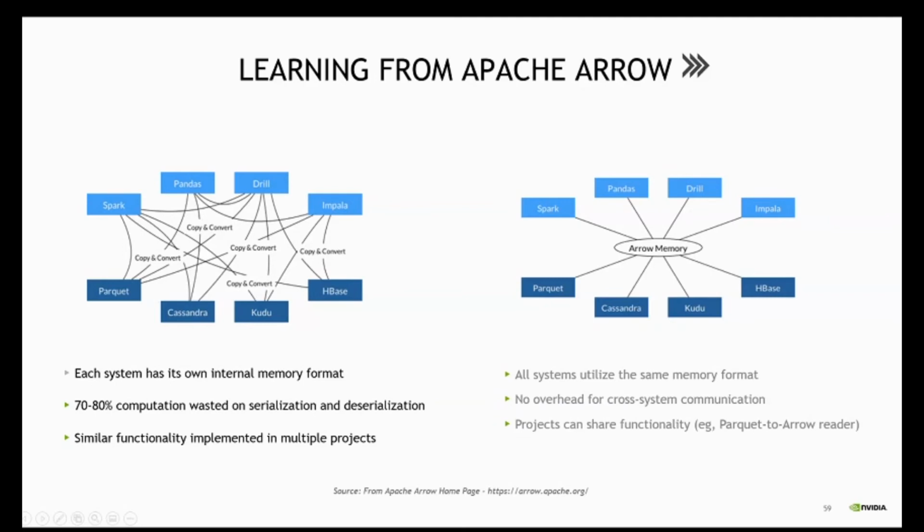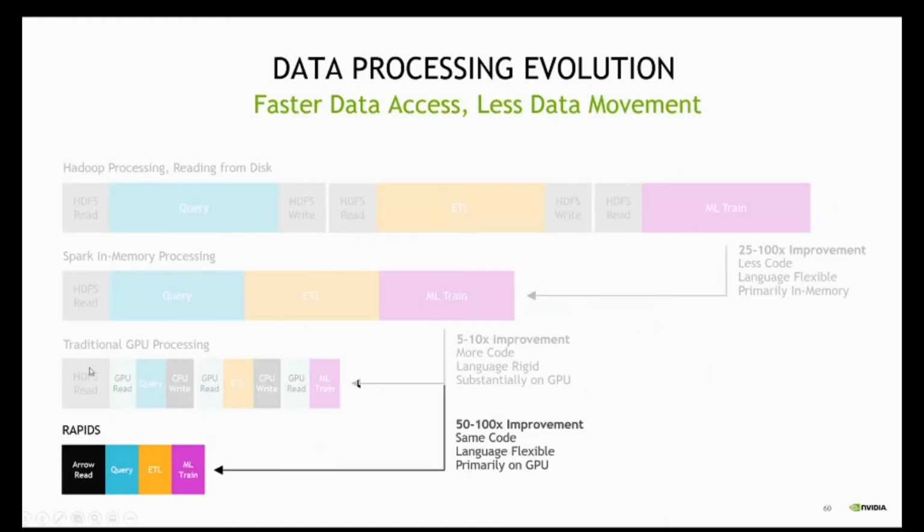So basically, it helps us in reducing the overall overheads a lot, as all these different systems can refer to that same memory format, rather than doing the copy and convert, or serializing and deserializing. So with Apache Arrow, all that hassle of read and write across CPU and GPU got removed, and we again saw about 50 to 100x improvement in the overall process.